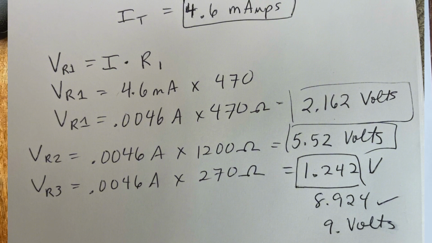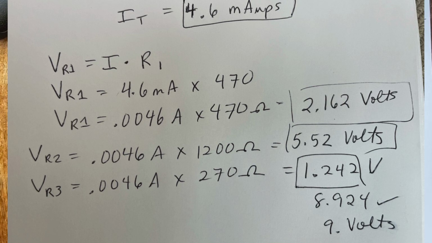And then voltage across resistor 3 again is my current, 0.0046 amps, times 270 ohms. Okay, clear. 0.0046 times 270 gives me 1.242 volts. Okay, and these should add up to 9 according to Kirchhoff's law.